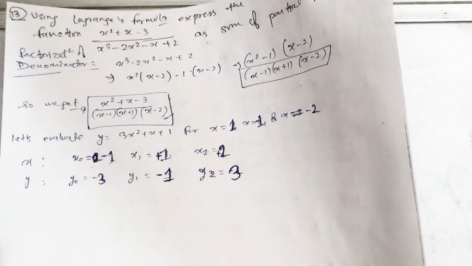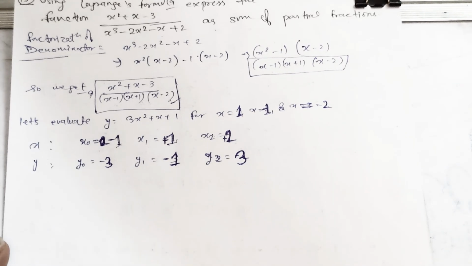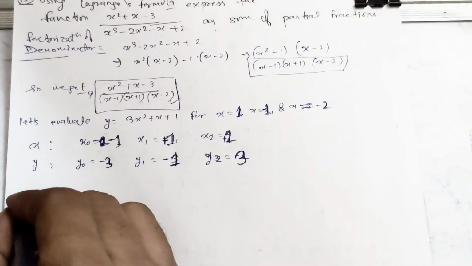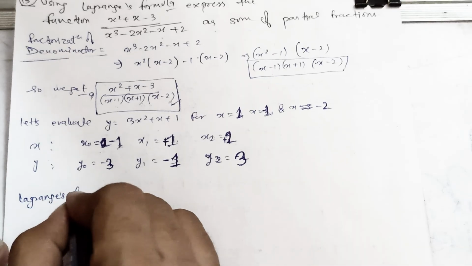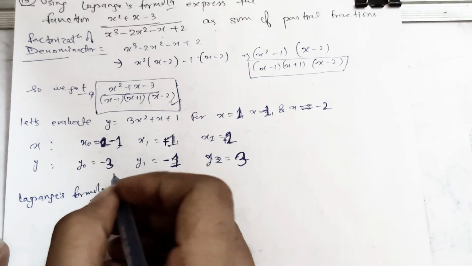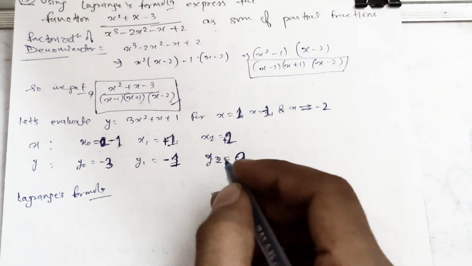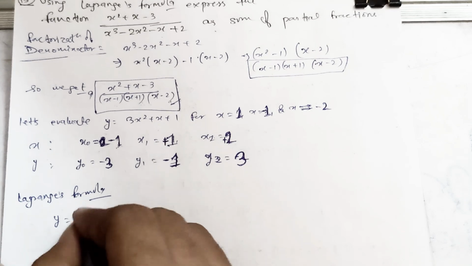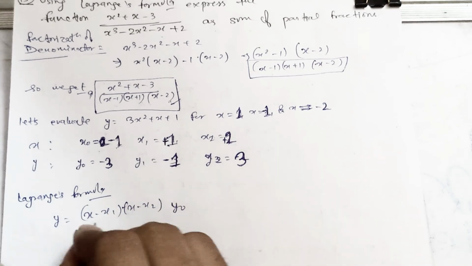Now we apply the Lagrange formula, since the question already asked us to apply it. Firstly, writing the Lagrange formula: since we have just three terms, we are going to use three terms. So y equals (x − x1)(x − x2) y naught.